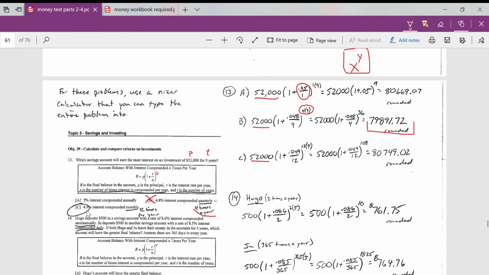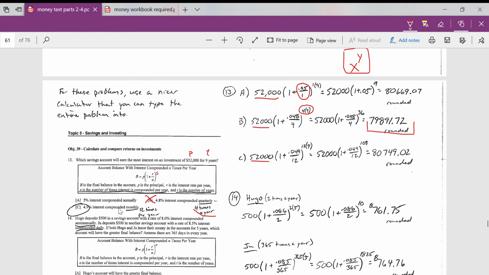The reason why is 4.9 is bigger than 4.8 and it is compounded monthly. The more it's compounded, the better. So if both of those things are true, the interest is better than another choice, and how many times it's compounded a year is more. So monthly is 12 times a year. That's more than this. C is for sure going to be more than B.